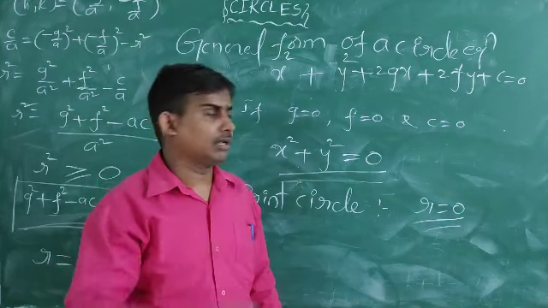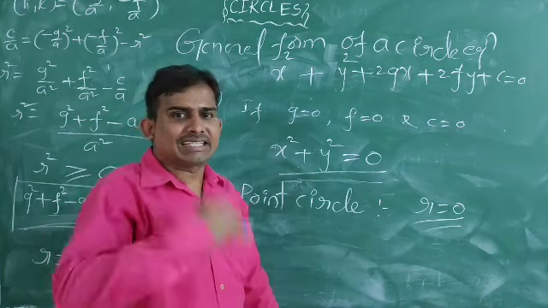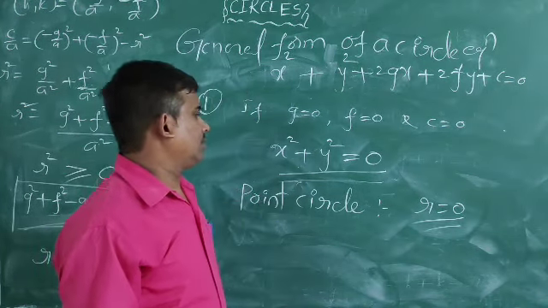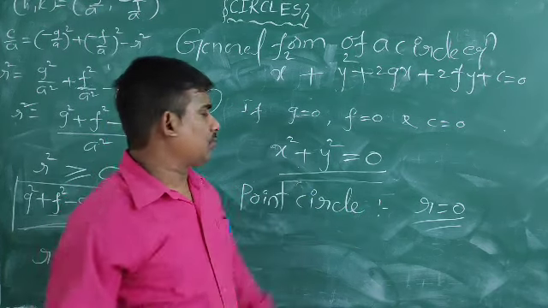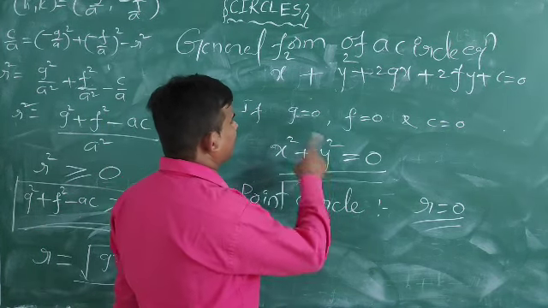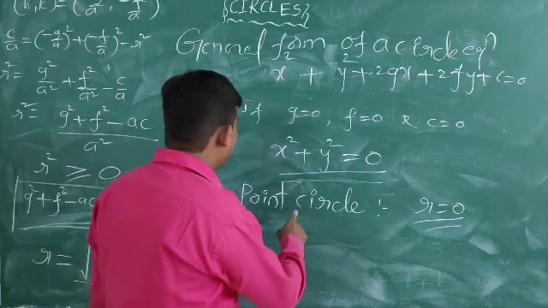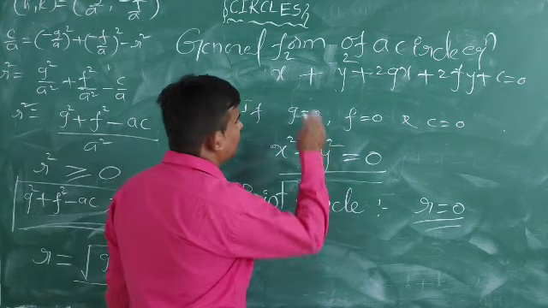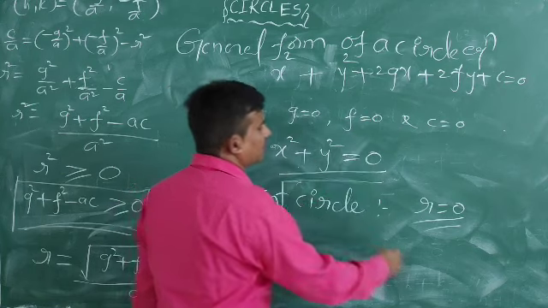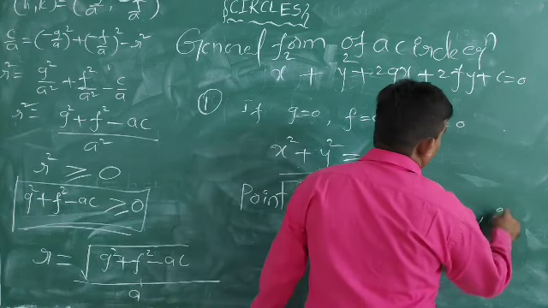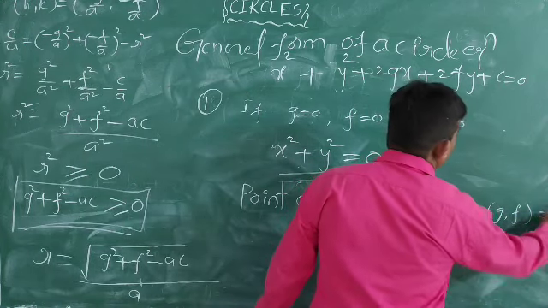That is a point circle. That is the center; the center itself is the circle. For this point circle, its center is at the origin, because g and f both are equal to 0 here.